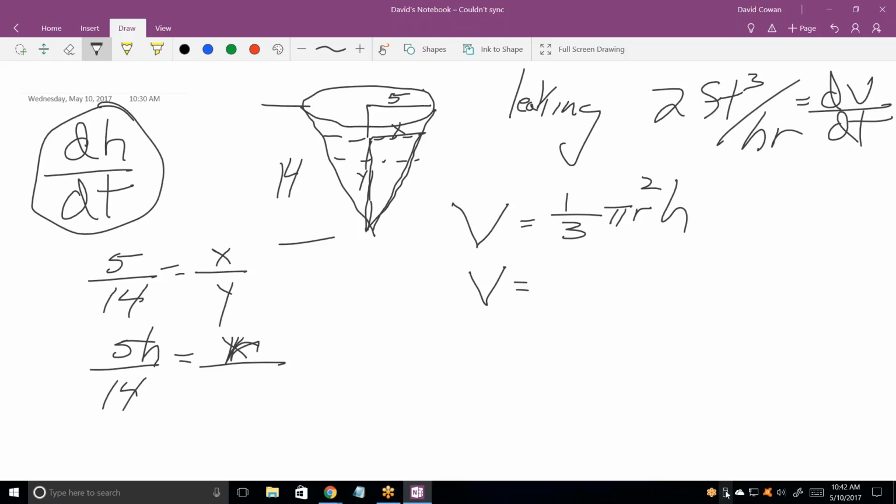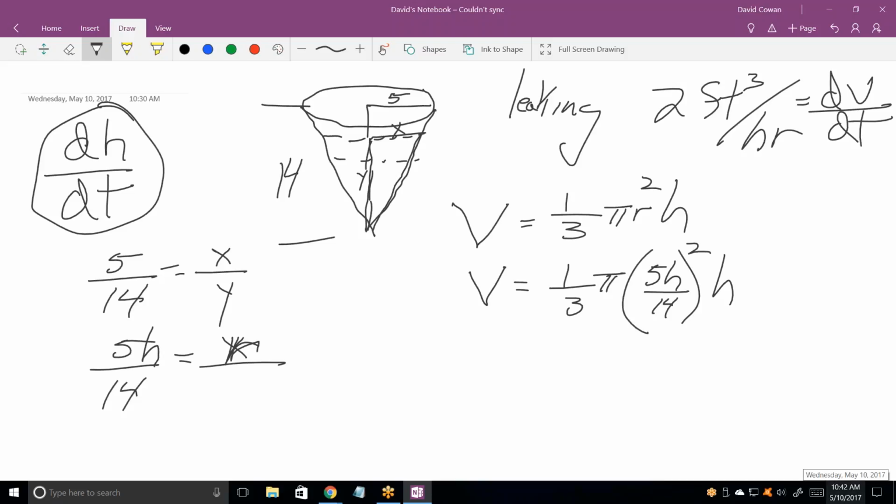So it's now 1/3 pi, and in place of r squared, I'm going to put (5h over 14) squared times h. Okay, now we're on the right track.